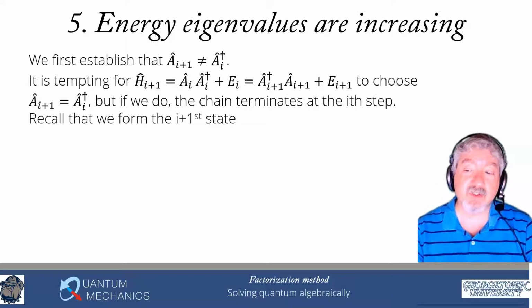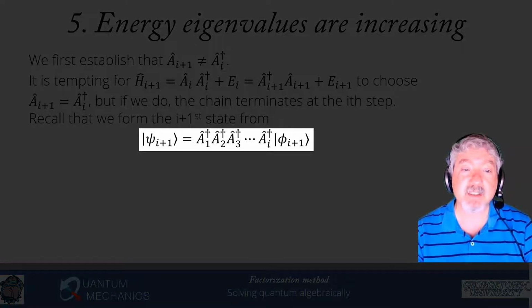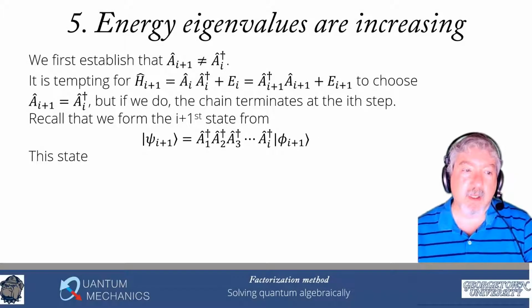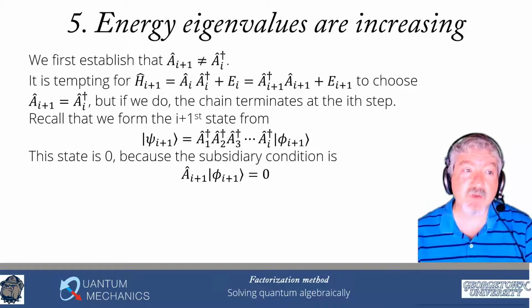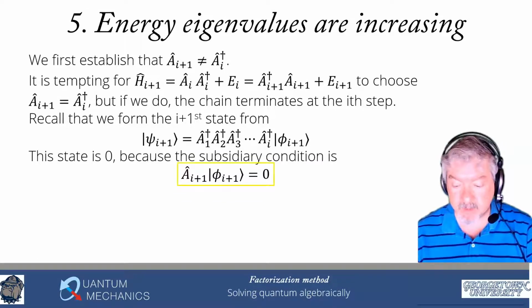So to show why this occurs, recall that we form the I plus first state, psi I plus 1, from A1 dagger, A2 dagger, A3 dagger, all the way out to AI dagger acting on phi I plus 1. But this state will be 0 if I chose A_{i+1} equals AI dagger, because the subsidiary condition is that A_{i+1} phi I plus 1 is equal to 0.